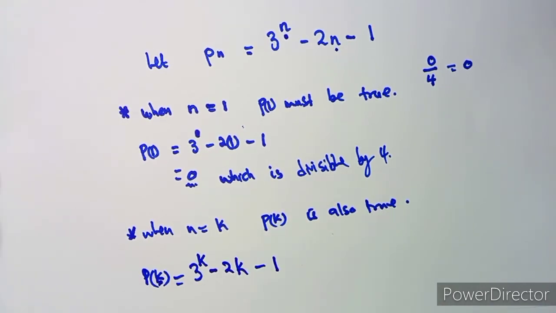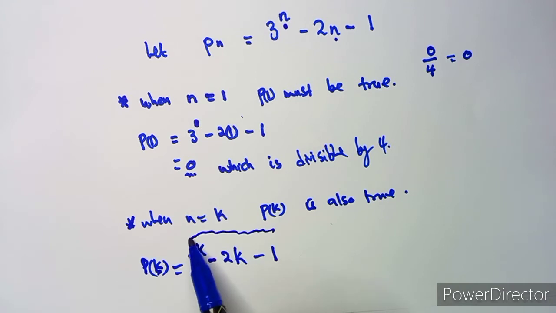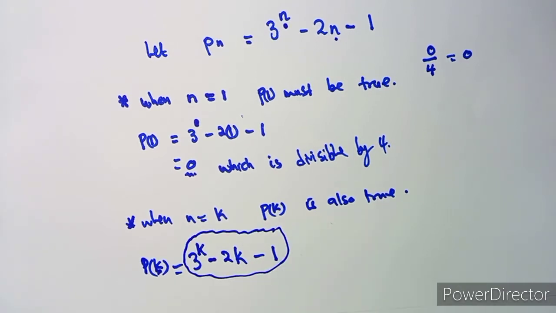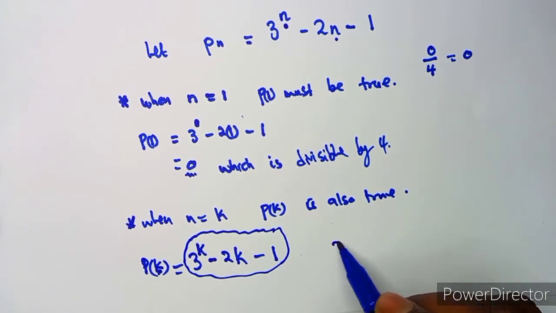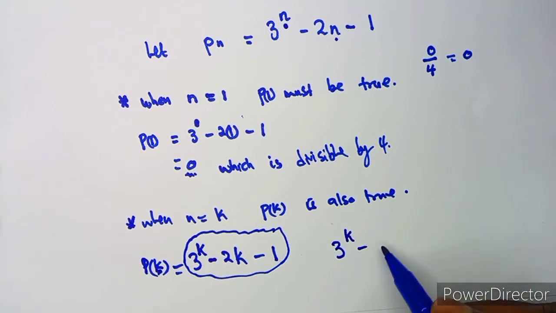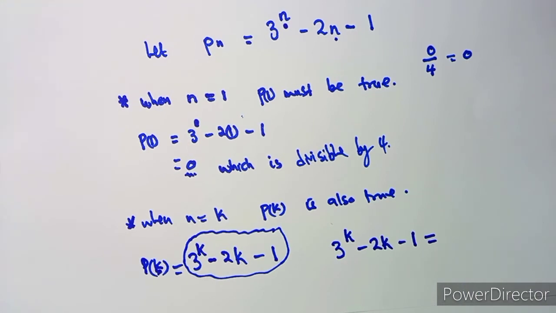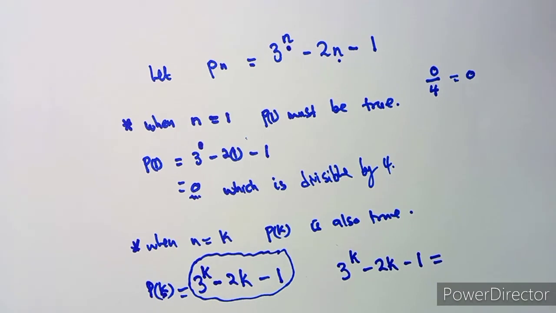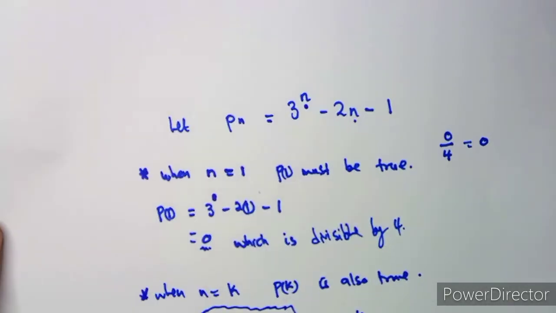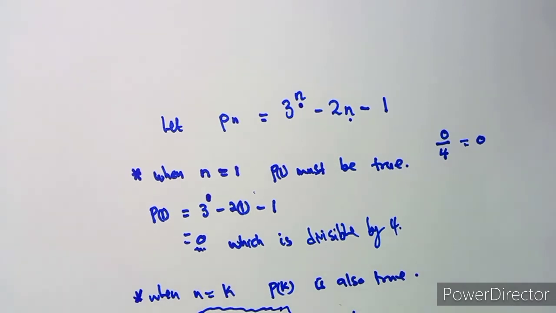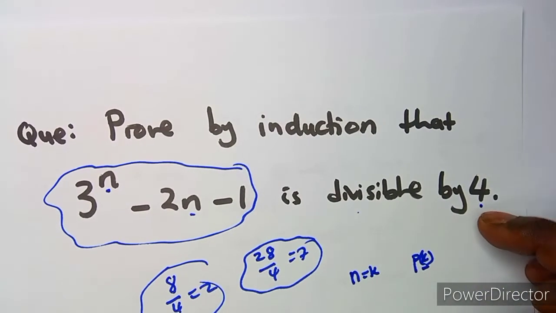This is what you're going to do, guys, if you are working with divisibility or a multiple. You are going to equate this Pk, 3 to the exponent of k minus 2k minus 1, to the number that you are dividing by. You are dividing with what? With 4 in this case, because we want to prove if it is divisible by 4.